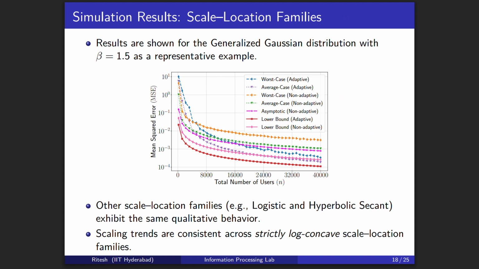Now with beta 1.5, one can see the lower bound of the adaptive one and the lower bound of the non-adaptive one, and this lower bound is still valid. The lower bound is lower for the adaptive one, and the other scale-location families follow the same behavior, with a scaling trend. You can see the consistency across the strictly log-concave scale-location families.